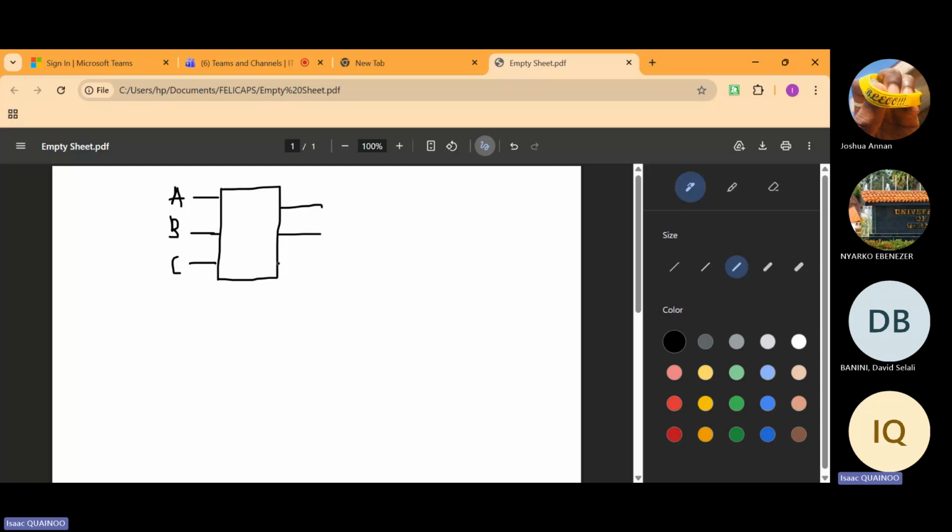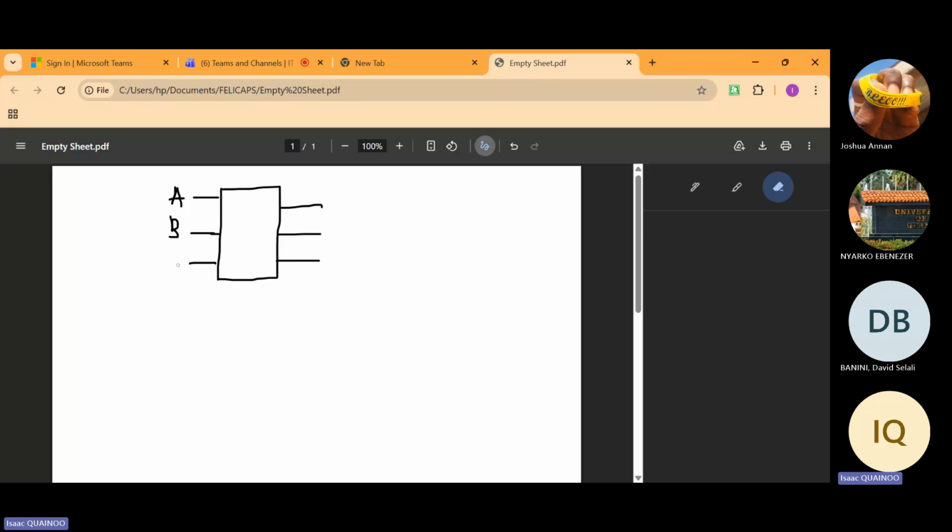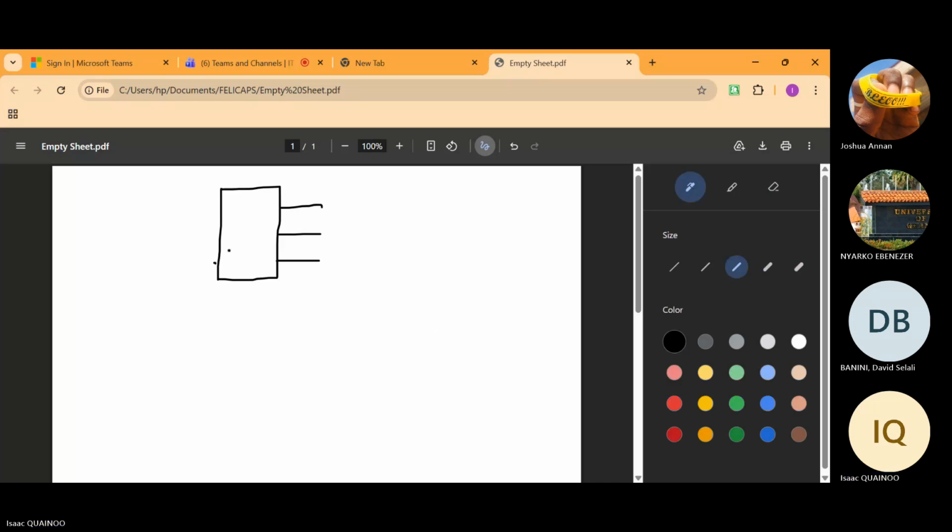A comparator takes n number of inputs. It can take 2 inputs, it can take 3 inputs, etc. So let's stick to the 2 scenario, which is the ideal number of inputs for comparators. We'll clarify that when we move forward.